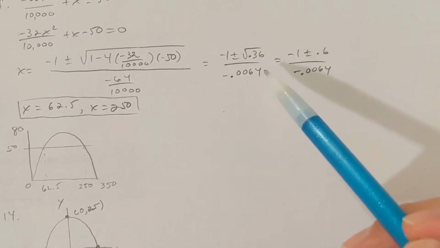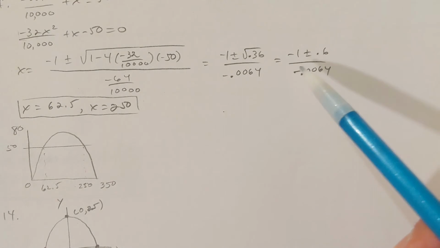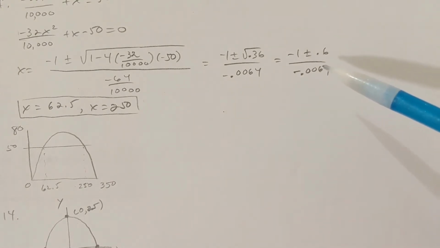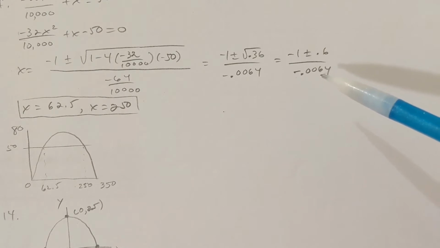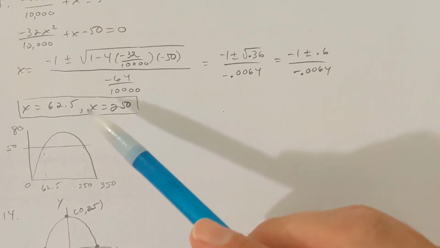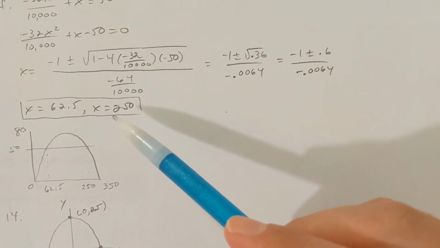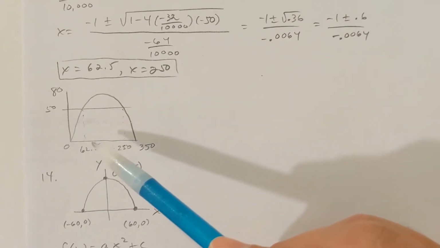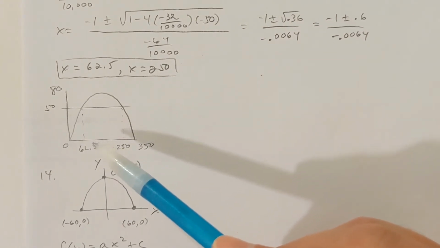Square root of 0.36 is 0.6, so -1 plus or minus 0.6 divided by -0.0064. Okay, I get 62.5 as one of these values, and then 250 as the second value. So I've drawn a graph here, real quick.